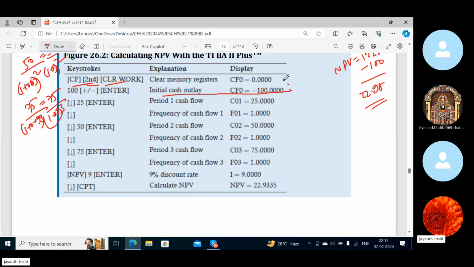Again down arrow, again down arrow, then enter 75, then click enter. Again down arrow, then click NPV, then enter 9, and then click enter, then click down arrow, then click compute. You will get 22.9335.